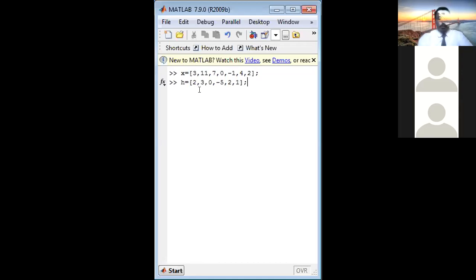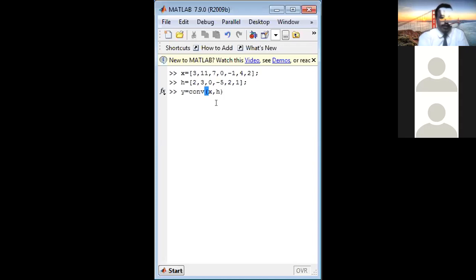Always the input is given, the impulse response is given. We have to convolve the two to calculate the output. So in MATLAB, y is equal to conv. You write simply conv of x, h. Very good.